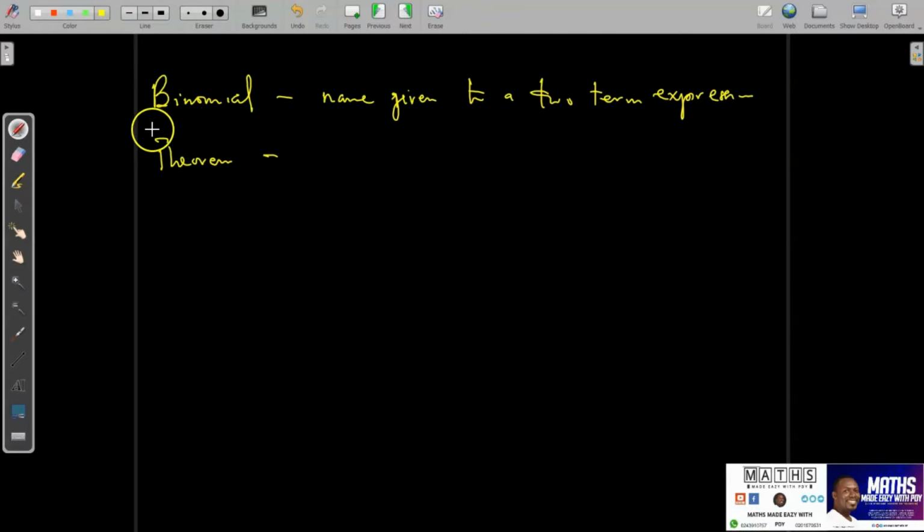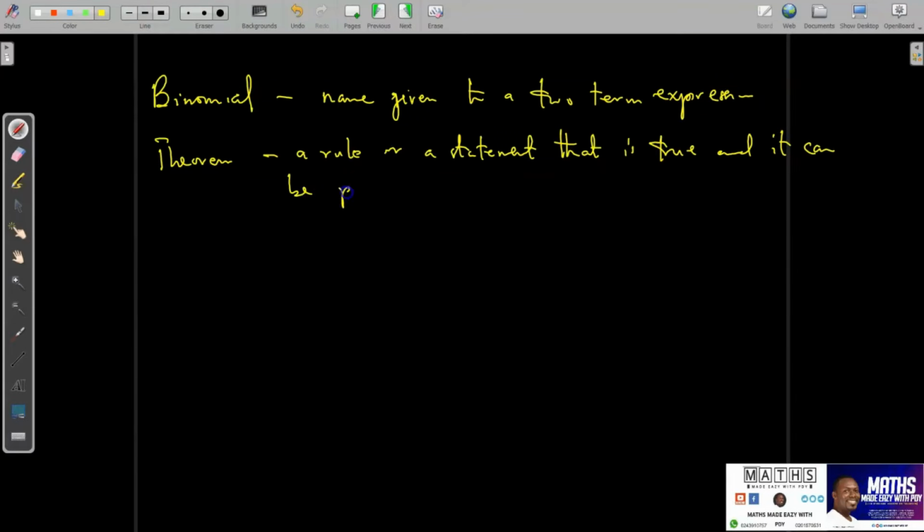A theorem is simply a rule or a statement that is true and it can be proven scientifically or mathematically.